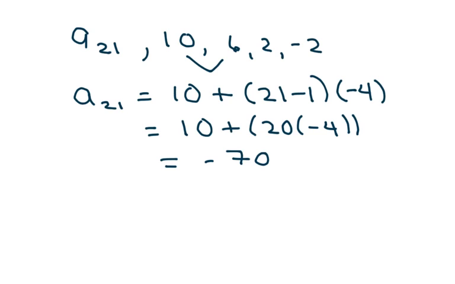Okay? Now, you also might have a question like find the missing terms. So say I have 5, blank, blank, blank, negative 3. So I have to use the formula and find the missing terms in here. So what I'm going to do is use my formula. I know I have 5 terms.